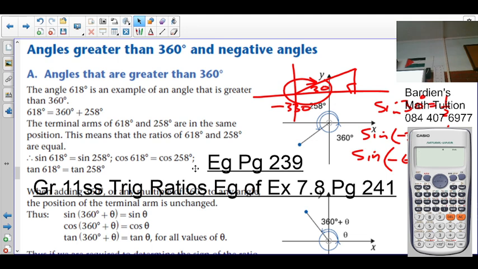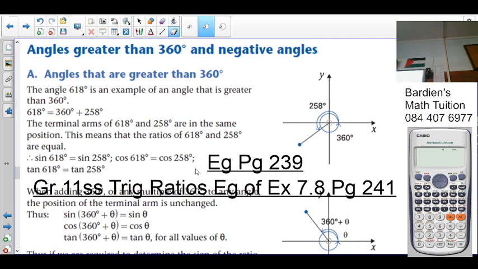You guys understand? So let's look at this here. Let's see what they say. Angles that are greater than 360 degrees. The angle 618 is an example of an angle that is greater than 360 degrees. You all agree with that? 618 is equal to 360 plus 258. The terminal arm of 618 and 258 are in the same position.